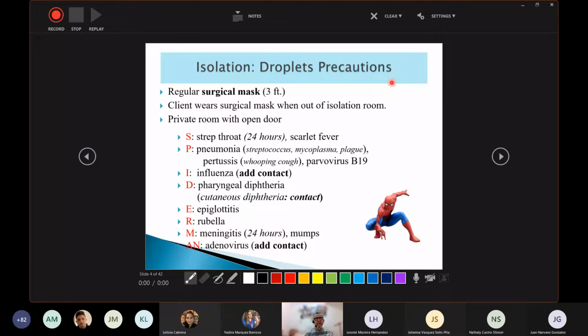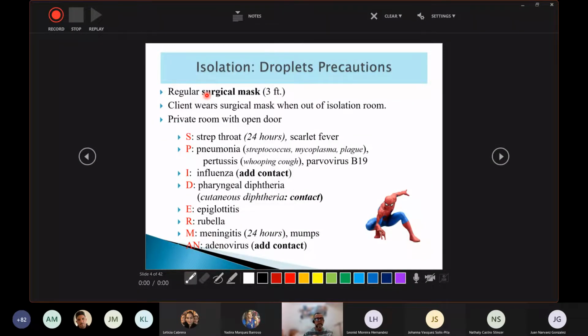Any person entering this room must be wearing a regular surgical mask, the same that is used by the surgeon. If the client is the one leaving the room for a procedure, X-ray, whatever, the client is the one that is going to be wearing the mask, not the rest of the hospital. But when the client is in his or her isolation room, the client doesn't need to wear the mask.